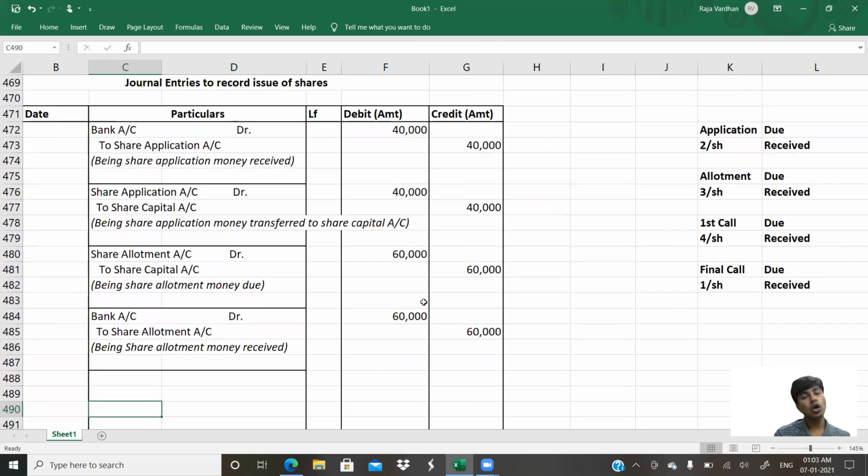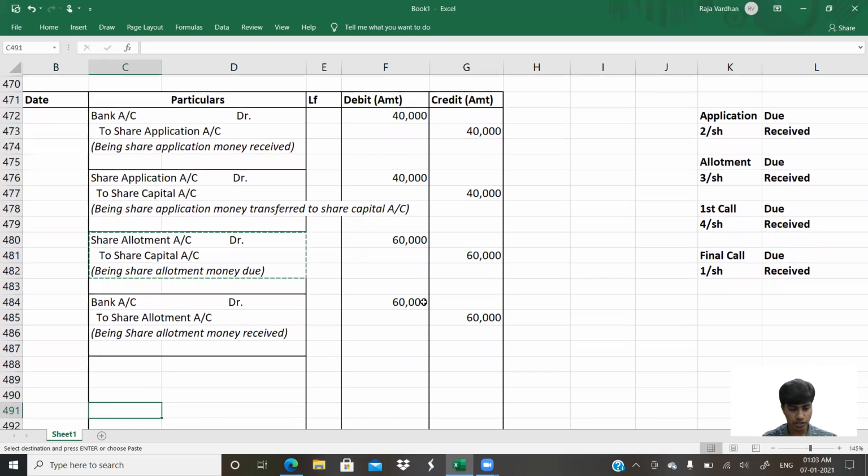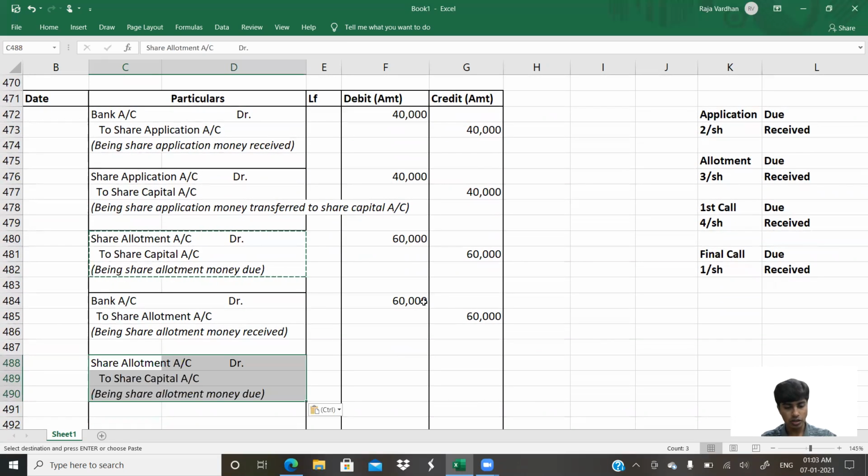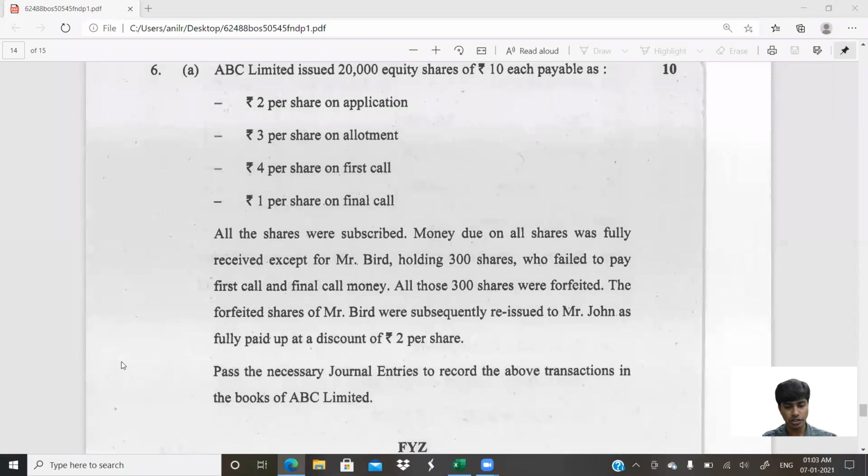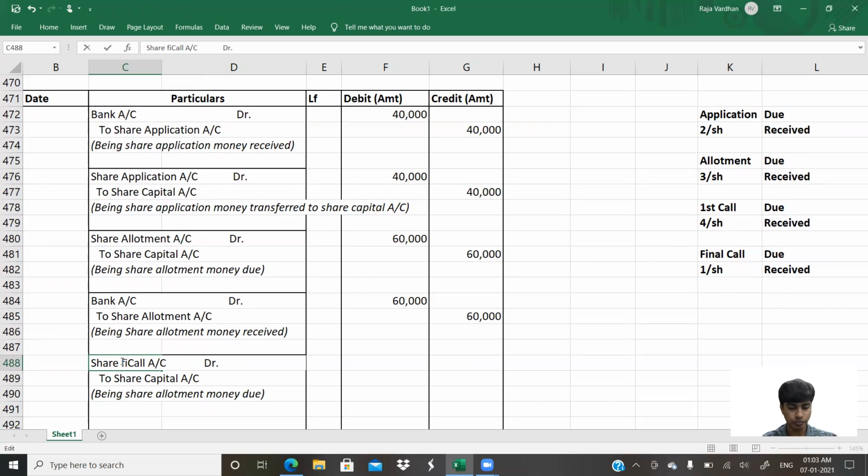Done. Now comes the call stage. In the call stage also, first you would have to make the share call, then you would receive the money. What is it that you should do first? Should first make the call. So I'll write share first call account debit. Is that what they mentioned in the question?